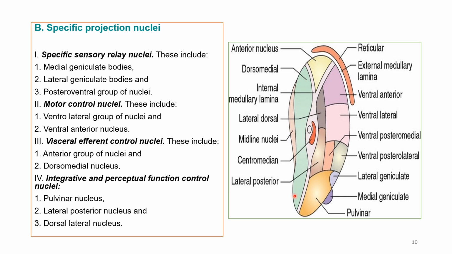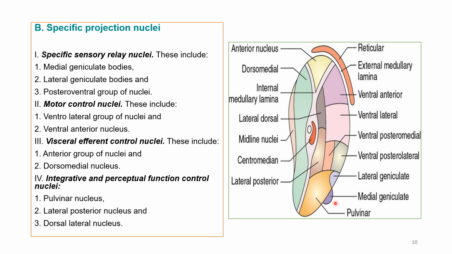Then coming to integrative and perceptual function control. Those are the remaining ones: pulvinar nucleus, lateral posterior and dorsolateral nucleus. Lateral dorsal or dorsolateral nucleus and lateral posterior nucleus. These three: lateral dorsal, lateral posterior, pulvinar. These will control the perceptual and integrative function.